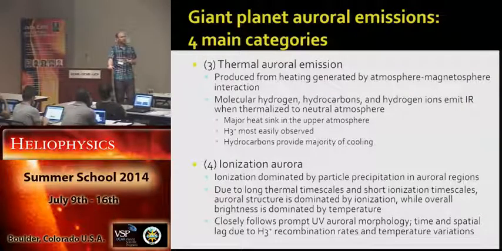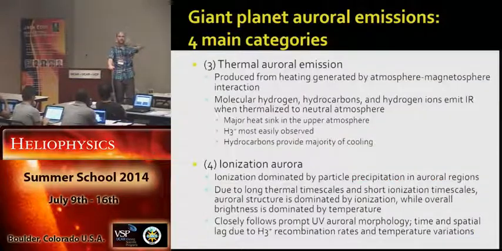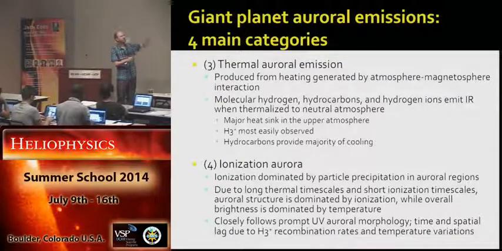And so while the ionization aurora maps fairly well to the atmospheric excitation aurora, in other words, the UV and the infrared share similar morphologies, in general, the H3+ aurora is more dominated by the temperatures. So you have ionization aurora where the H3+ densities are important. Those short H3+ lifetimes mean that the overall global structure in the auroral region, say, might be dominated more by the temperature structure than the density structure. So these are very closely related.